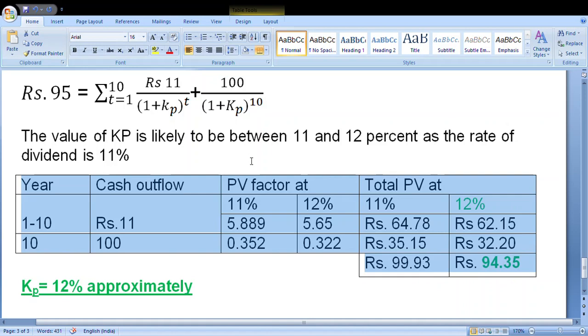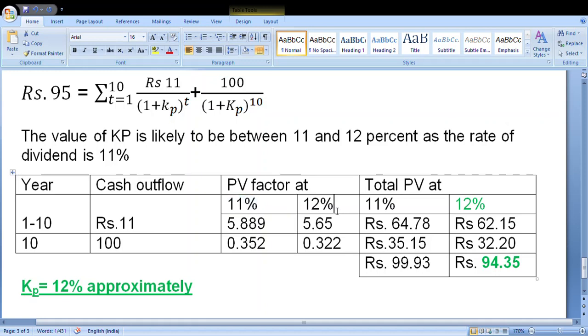So I've considered 11% and 12% rates. This is the 11% PV factor, this is 12%, and these values 5.65 and 5.889 are obtained from table A4, and the last values are obtained from table A3.